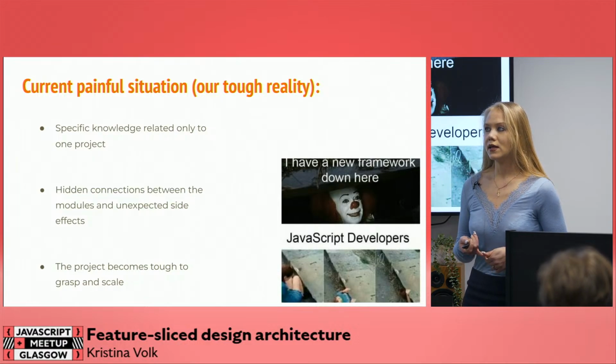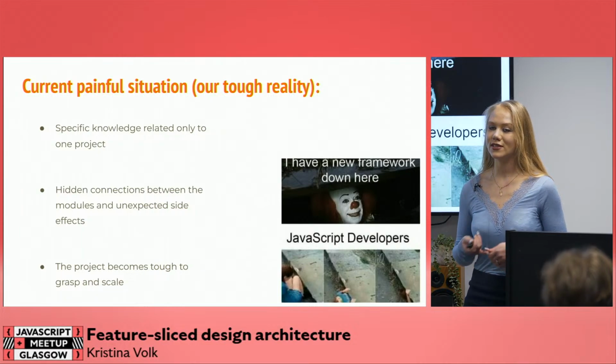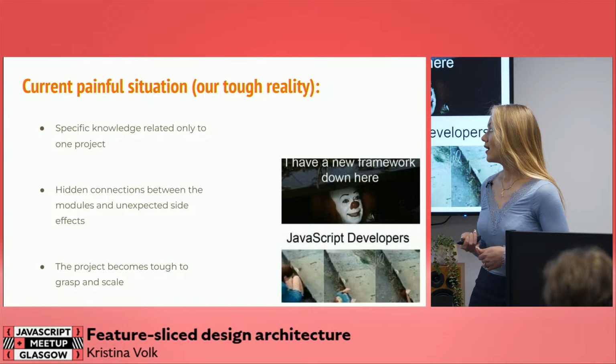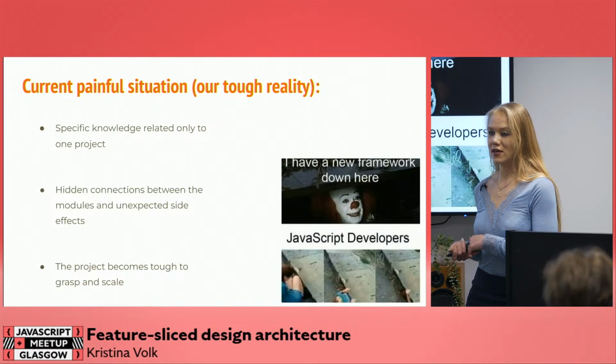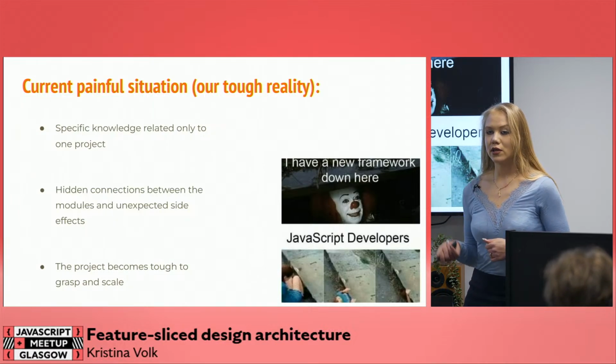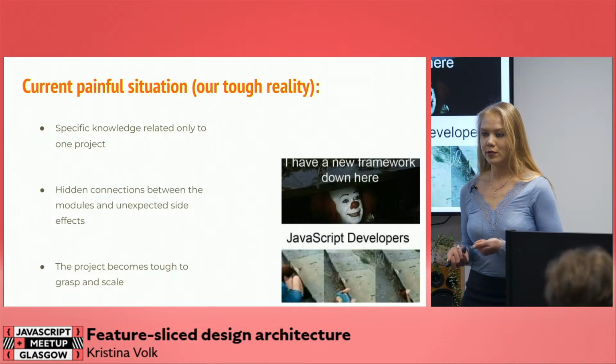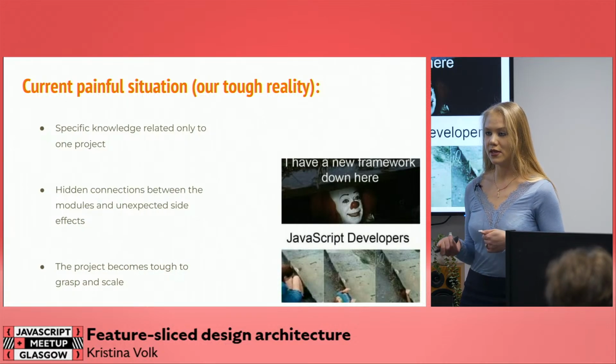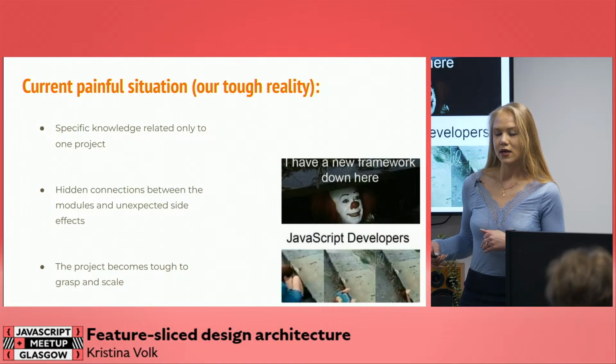It introduces lots of project-unique snowflakes. If we dive into our code base, we can notice that our modules and components have connections, but they are so implicit, they're hidden.